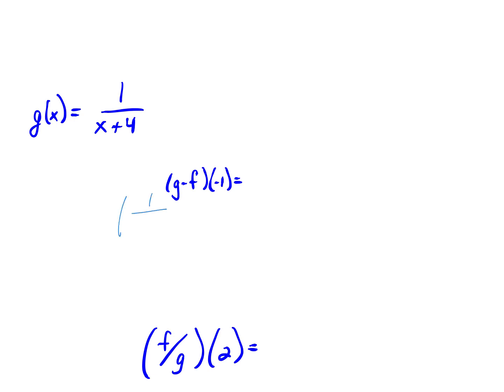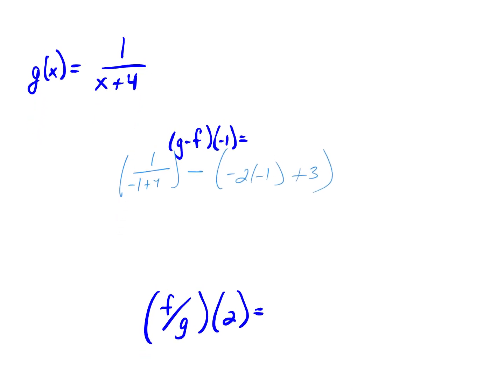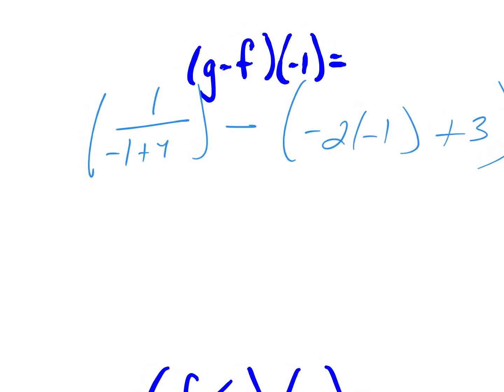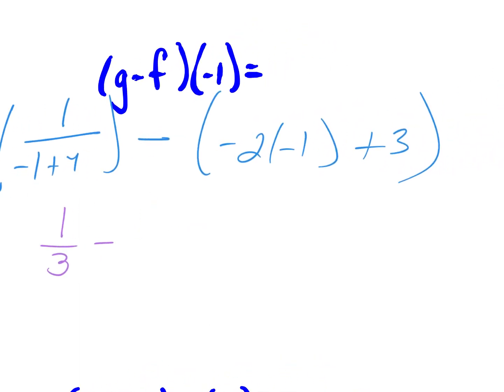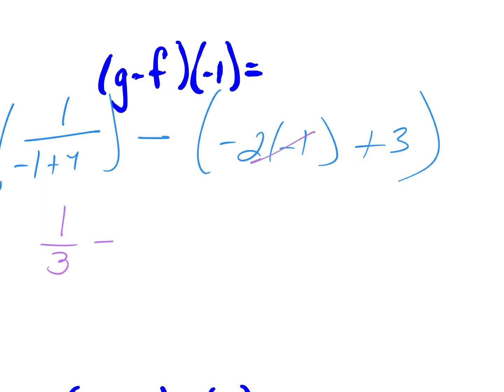It's 1 over negative 1 plus 4 minus negative 2 times negative 1 plus 3. So simplify each parenthesis first. What's negative 1 plus 4? 3, so this is going to become 1/3 minus, what's negative 2 times negative 1? 2, and 2 plus 3 is 5.